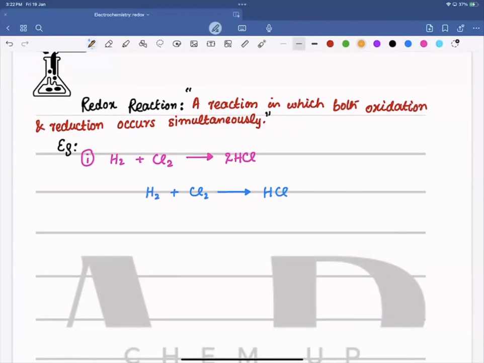Hydrogen is an element. So what is the oxidation number of hydrogen, Hamza? Here, what is the oxidation number of this? Yes, Hamza? +1. No. Yes, Ahmad, can you tell the oxidation number of this hydrogen? Sir, sorry, +2. Wrong.